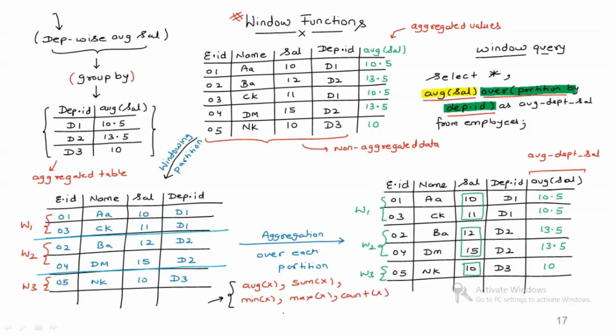With these functions, we can also use some additional functions. These are the aggregation functions which you can normally use with group by or even without group by. In your main table, you can directly apply these aggregation functions to find average, sum, minimum, maximum, count. But there are some functions which you can only make use of with window functions or window functionality.